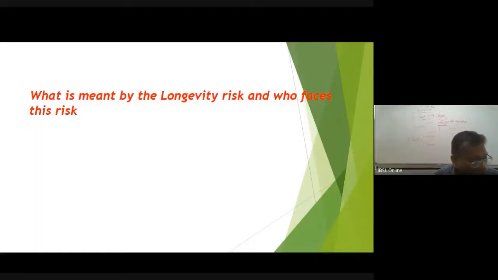A risk due to a person living long beyond normal life expectancy, right? That's the longevity risk, right? What do you mean by longevity risk? Risk due to living long beyond normal life expectancy.